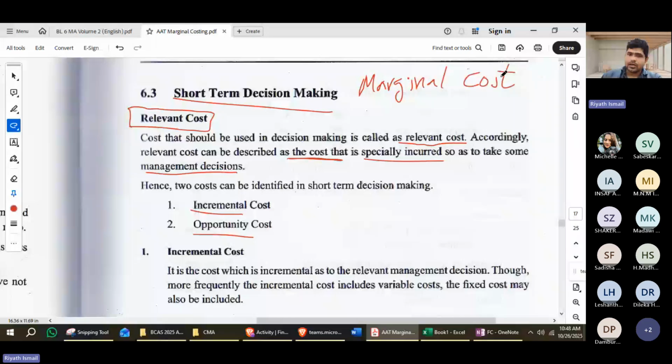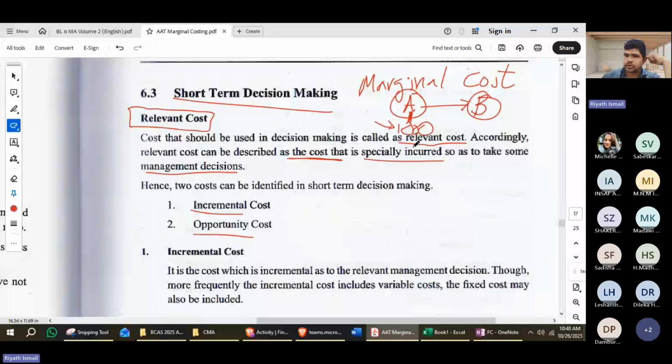What does marginal cost mean? We take decision A. Already we are in the process of A, right? Now we have to decide whether we move to plan B. It's a decision point from A to B. When you are implementing plan A, your cost is 1,000 and revenue could be 1,500.